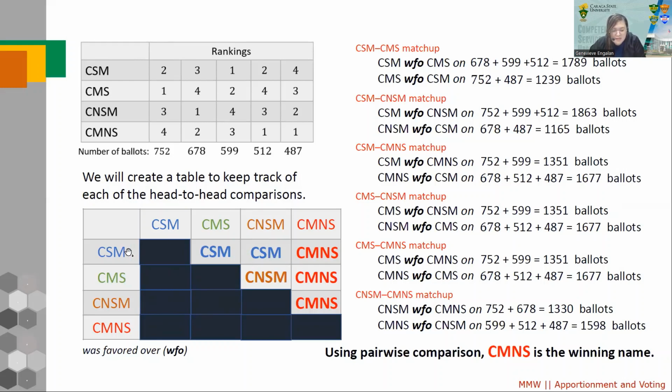Okay, so CSM versus CMS. So let's look at the rankings.